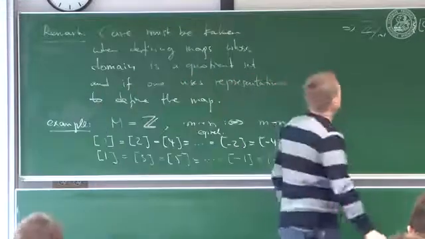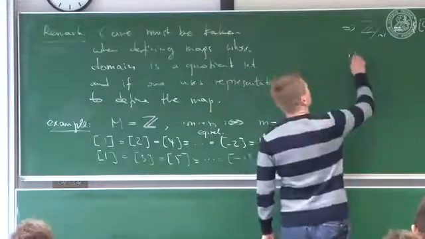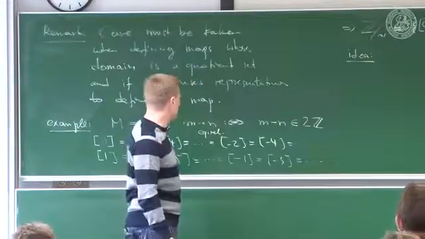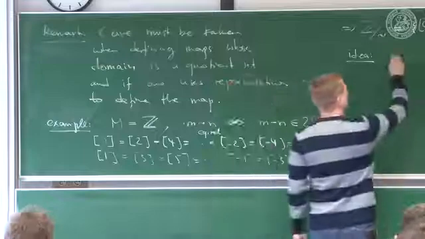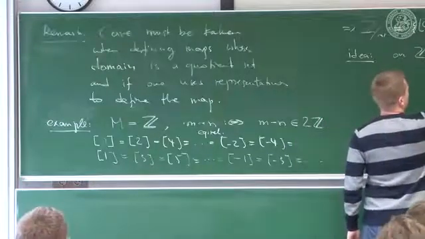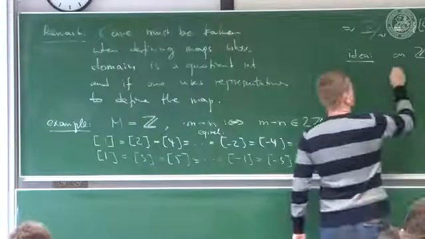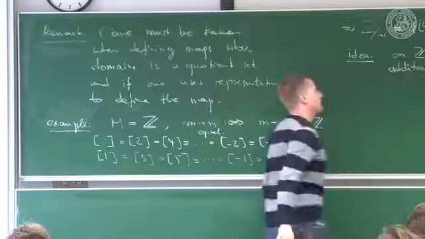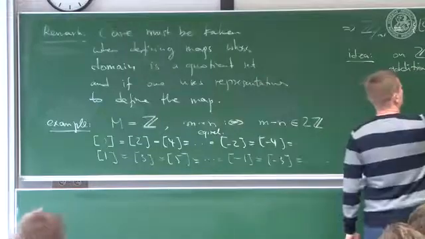And now I could get the idea to inherit addition from Z. Idea: on Z, we have an addition, which we just assume is given at this point. It's the kindergarten addition you do.